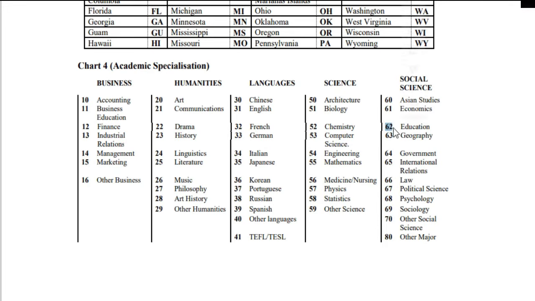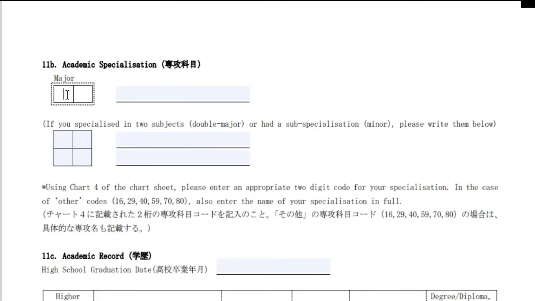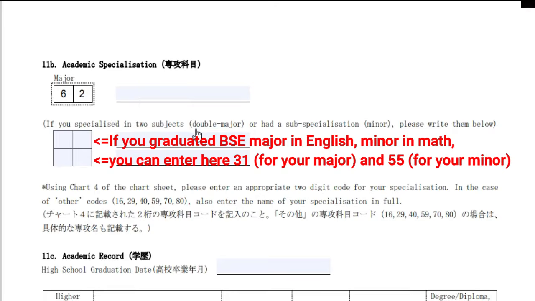The code is 62, so we can write here code 62. If you specialize in 2 subjects or double major or had a subspecialization or minor, please write them below. Using chart 4 of the chart sheet, please enter an appropriate 2-digit code for your specialization.